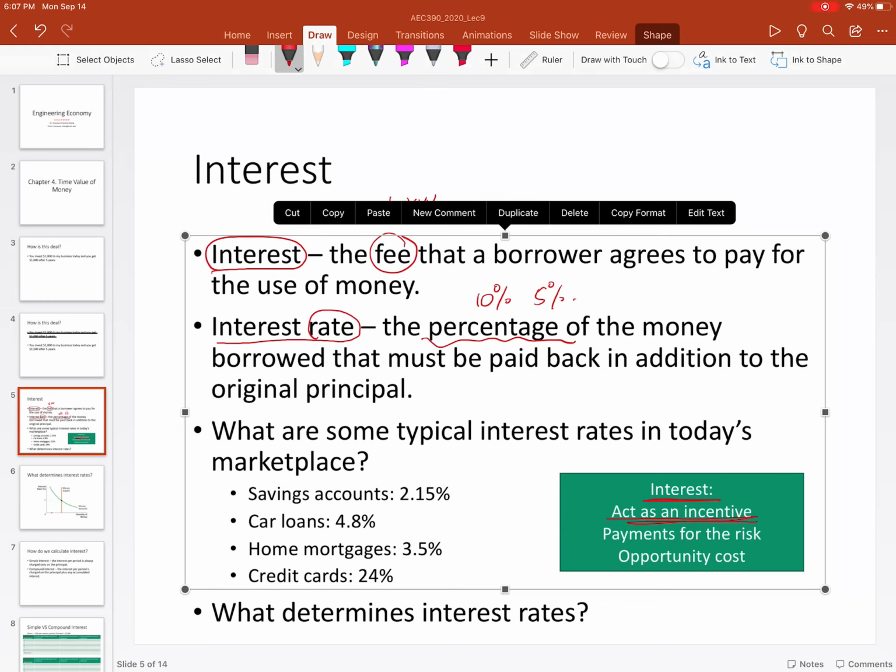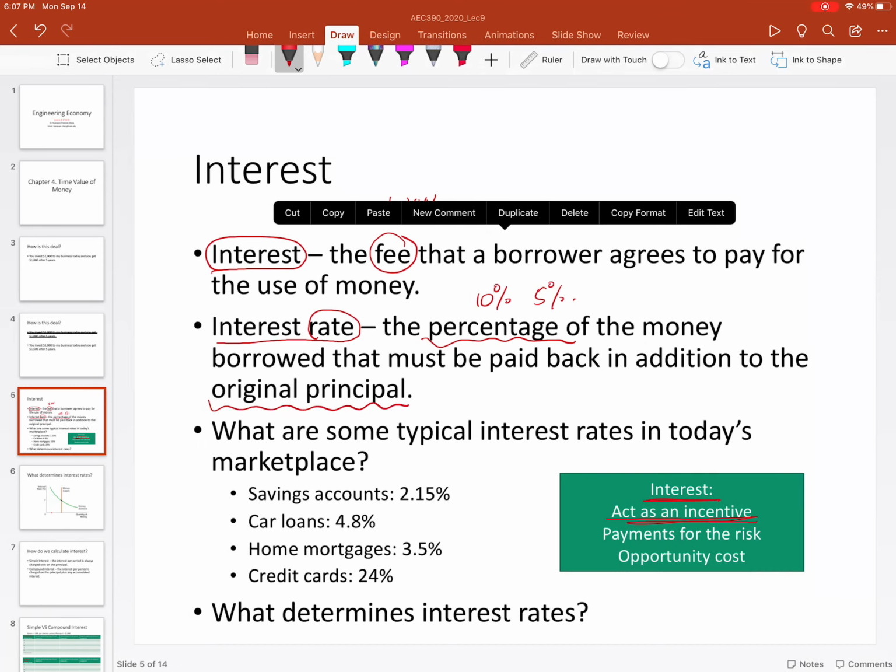It's a percentage of the money borrowed that must be paid back in addition to the original principal. Here, the original principal is the initial amount of money somebody invests, or you borrow from the bank or from a person. That's just the initial amount of money you get.